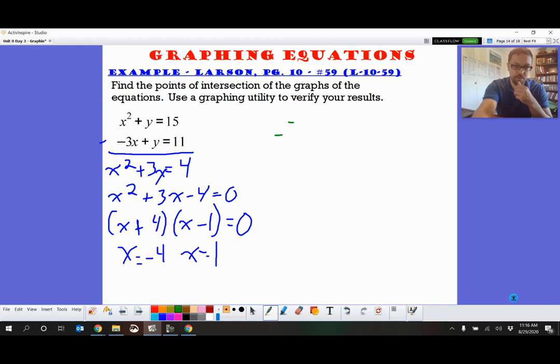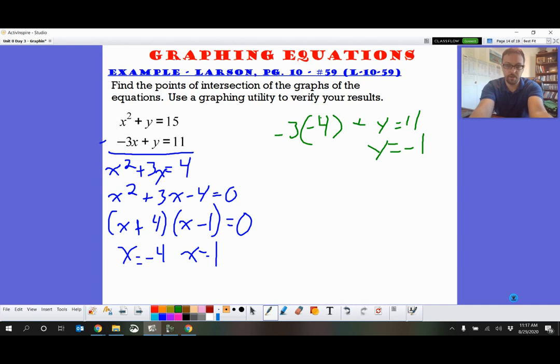So -3 times -4 plus y equals 11. So that's 12 plus y equals 11. Subtract 12, so y equals -1. So our first answer, -4, -1. Hey, cool. That's what we got on Desmos. And the other one, we got -3 times 1 plus y equals 11.